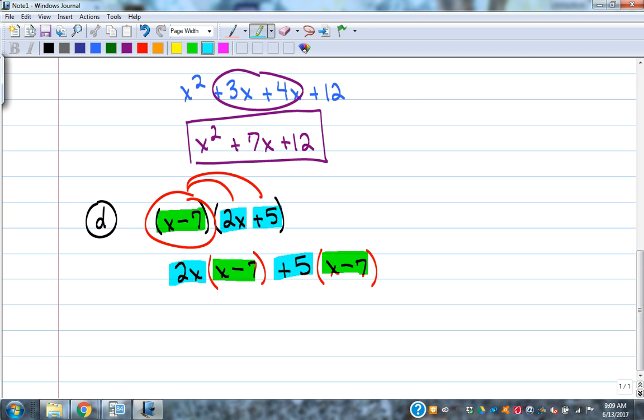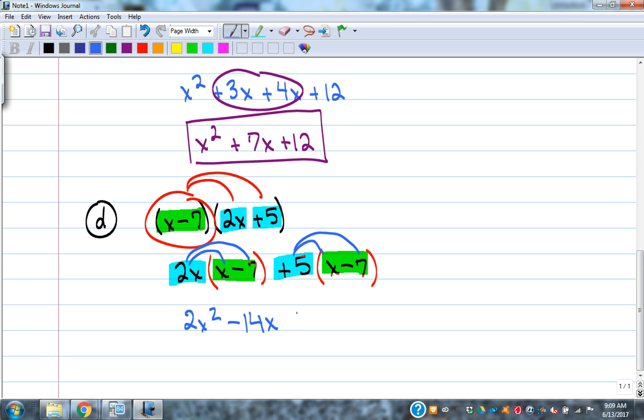And then I'm going to do that distributive property again, but on the individual pieces. So 2x times x is 2x squared, and then 2x times minus 7 would be the negative 14x. And then I'm going to distribute this plus 5 to both of those pieces.